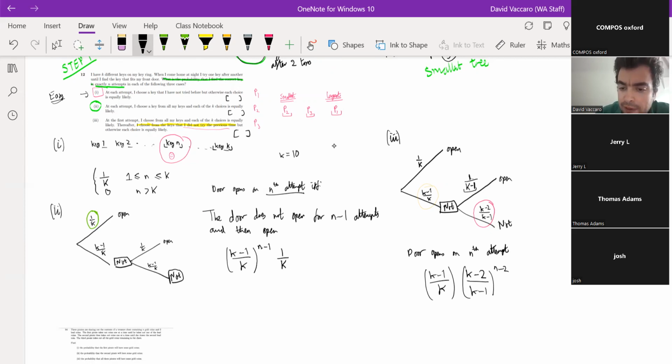And then we have to have a success on the nth attempt, which is this.